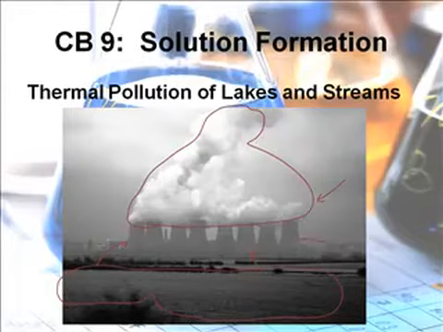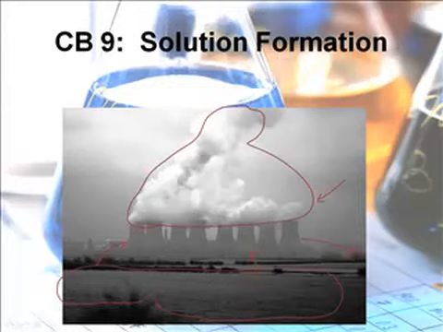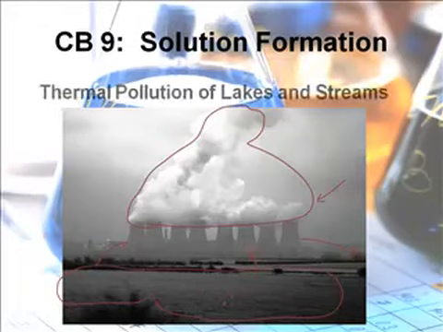Even though you use the water and return it, it's completely safe. You're not adding toxic chemicals or nasty things like that. What you're doing is just adding heat to the water. But as you increase the temperature, as we said a minute ago, the solubility of the gases goes down. You're going to take all of the dissolved gases out of the water, and it's called thermal pollution.